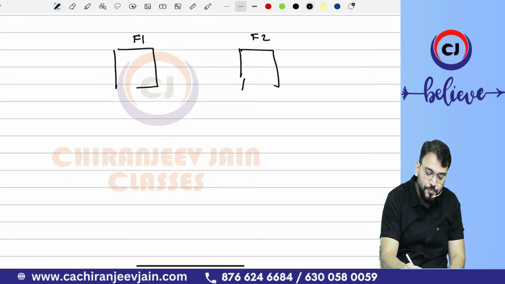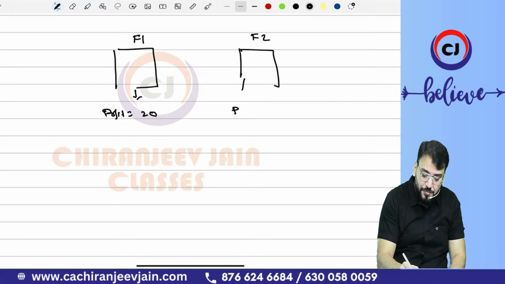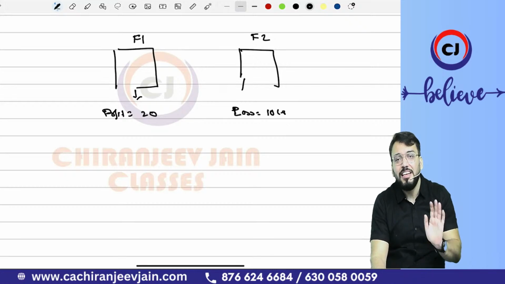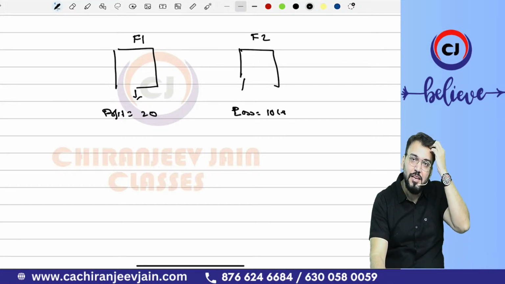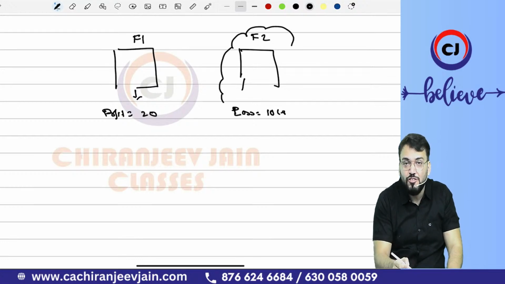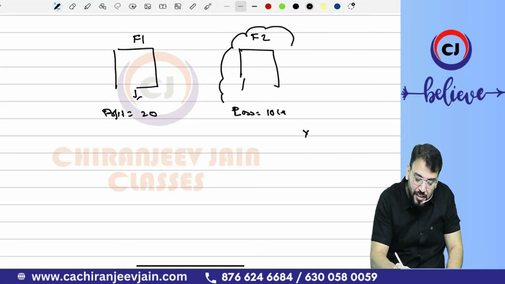Factory 1, factory 2. Factory 1 is making a profit every year of 20 crore, but factory 2 is making a loss of 10 crore every year. Therefore you have decided to close down this factory because you have estimated that in the next year, year 1 and year 2, there will be an operating loss.